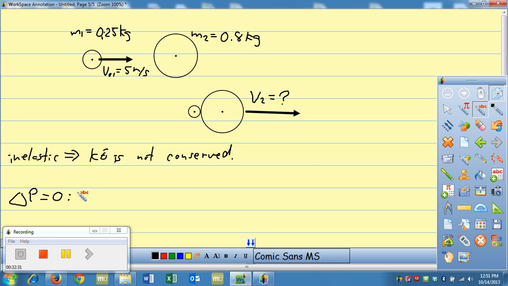So let's see what that tells us. That basically tells us that M1 V01 plus M2 V02 equals M1 V final 1 plus M2 V final 2.